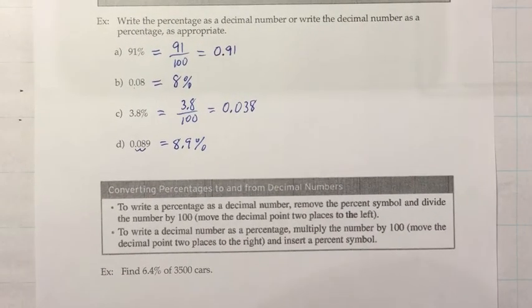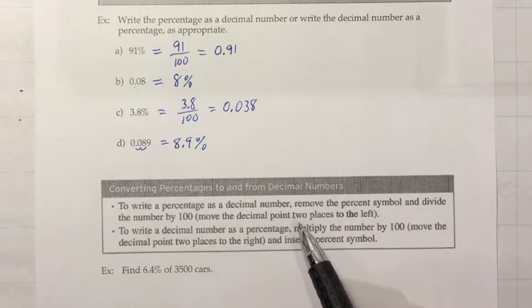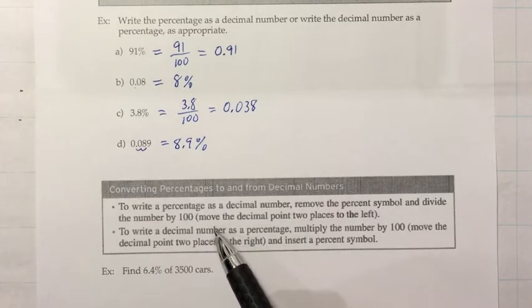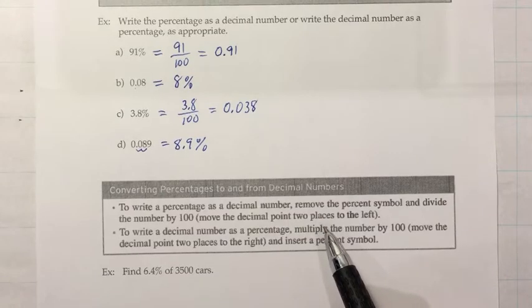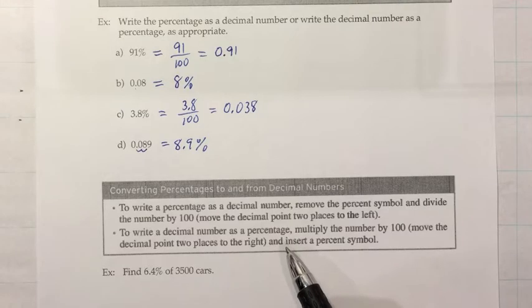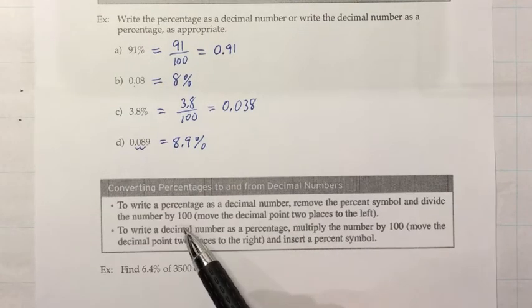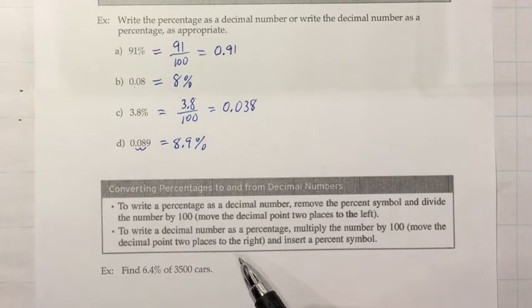To write a percentage as a decimal, remove the percent symbol and divide the number by 100, which will have the effect of moving the decimal 2 spots to the left. To write a decimal number as a percentage, you multiply by 100 because you want to do the opposite, and that will have the effect of moving the decimal 2 spots to the right, and then make sure you remember to insert the percent symbol.